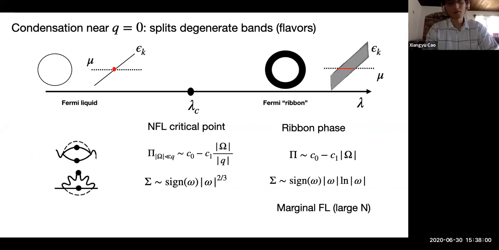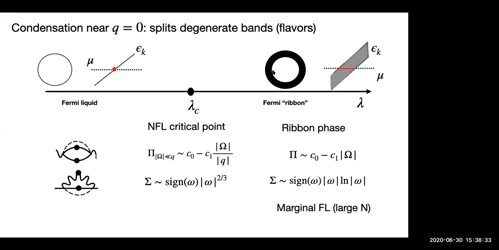In the large N theory, it is there, and you have marginal Fermi liquid excitations in this ribbon. But whenever you go away from the large N limit, if you have finite N, then at low enough temperature you won't really have a ribbon because there's no continuum, and you will just have some Fermi liquid with broken symmetry. So you have some split bands, not really a ribbon.